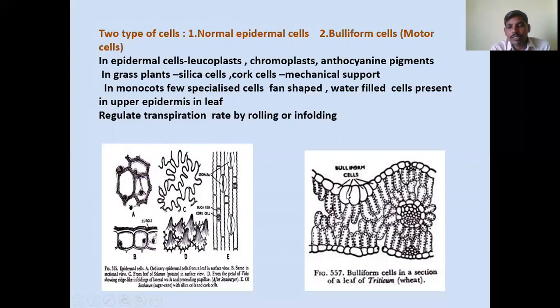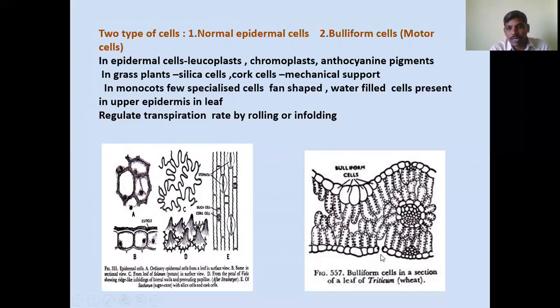In the upper epidermis, at certain places, 3 to 6 large-sized, thin-walled cells are present, which serve a special function. These bulliform cells regulate the transpiration rate by rolling or infolding of the leaves. In the rolled condition, the transpiration rate is very low. In the expanded state, more water is lost from the lamina or surface of the leaf. So these are the special cells present in monocots.